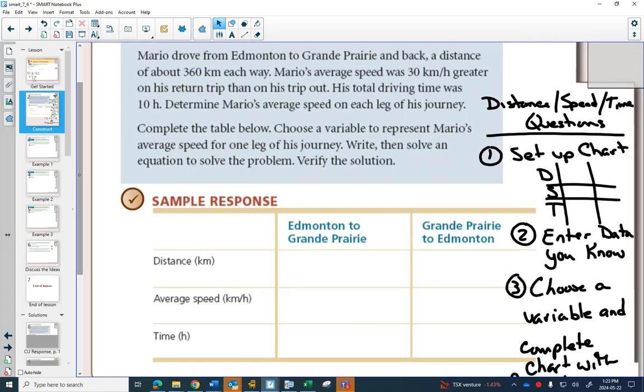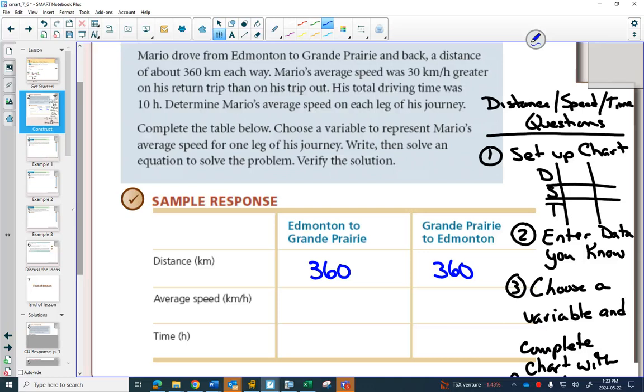Mario drove from Edmonton to Grand Prairie and back, a distance of 300 kilometers each way. So we know, and I can put it in, my distance is 300 kilometers. Mario's average speed was 30 kilometers greater on his return trip than on his trip up. So this is something we don't know.